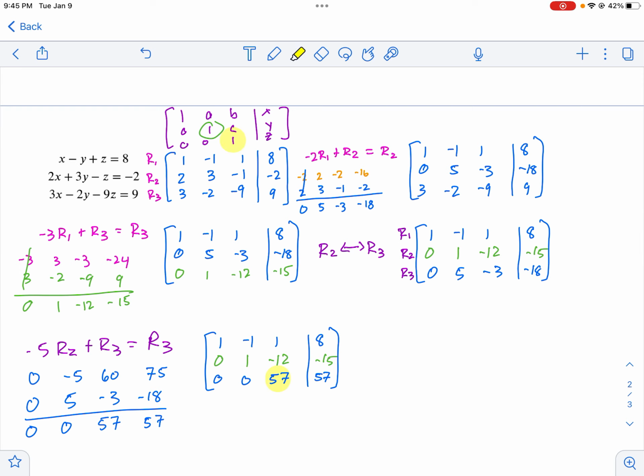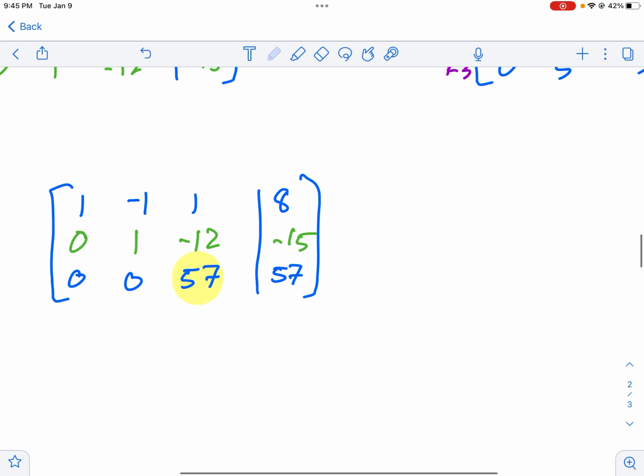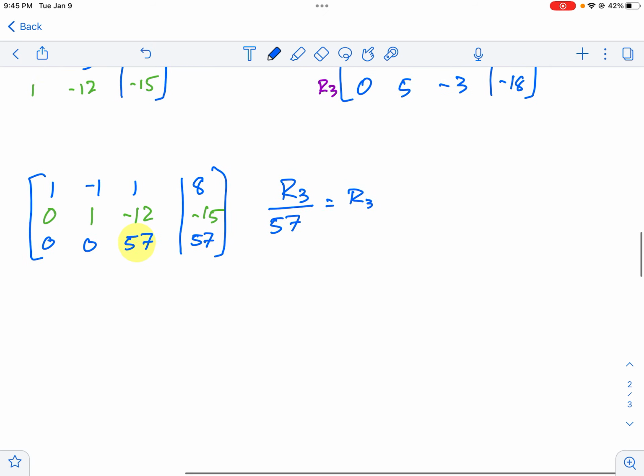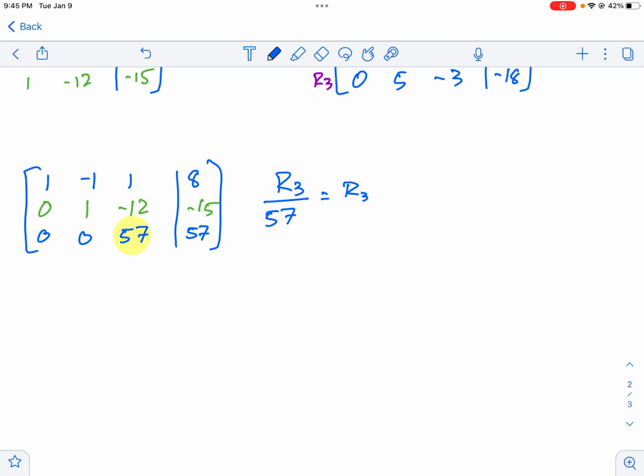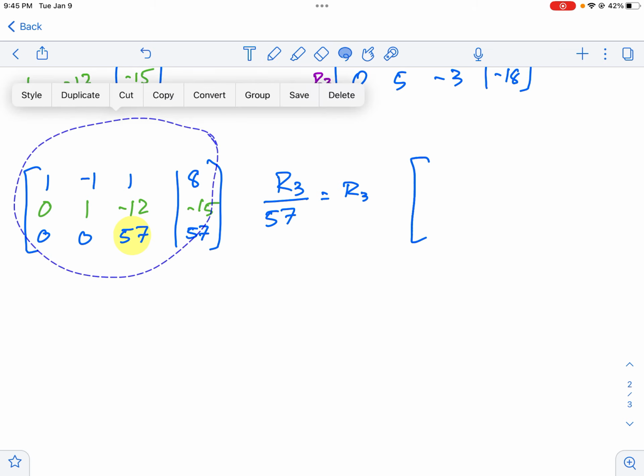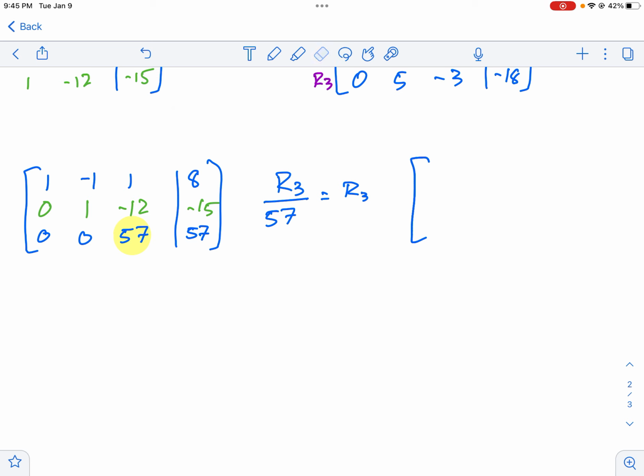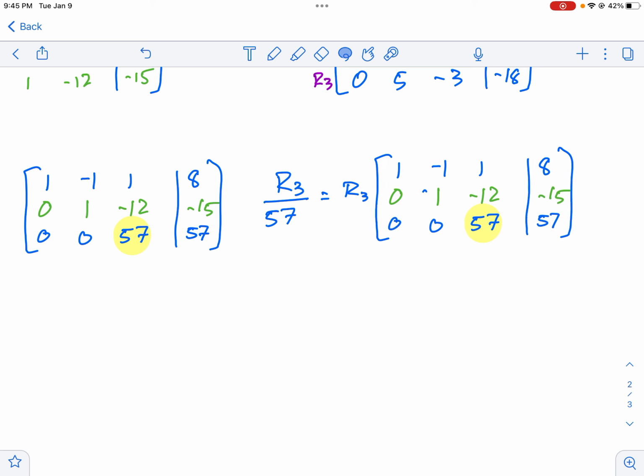I can do that if I say row 3 divided by 57 and put it back in row 3. So I get this. 57 divided by 57 is 1 and 1.